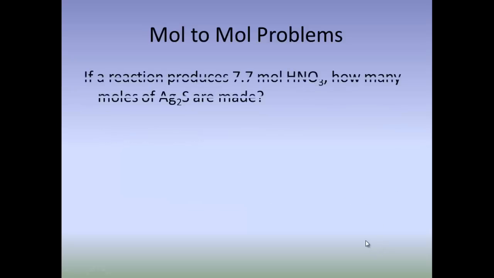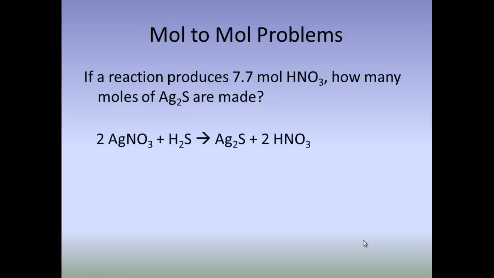One more question. If a reaction produces 7.7 moles of HNO3, how many moles of Ag₂S are made? Here's your equation. Look for what you're given. 7.7 moles of HNO3, so that's what we start with. Moles of HNO3 need to cancel, so they're going on the bottom. Look to the equation for the number.